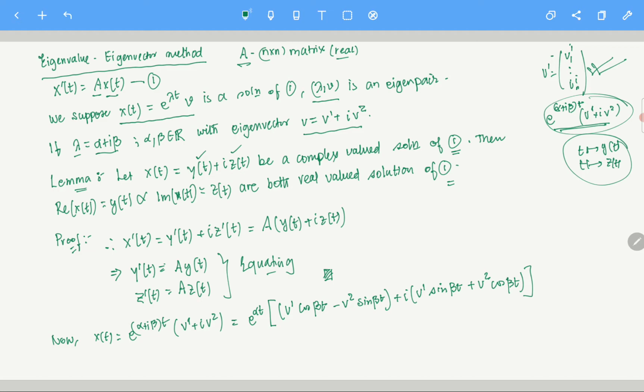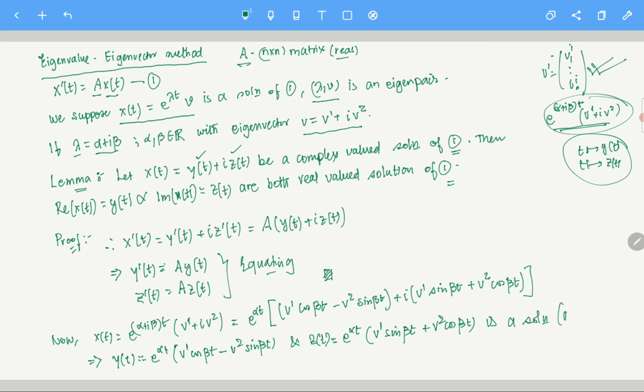Now by the above lemma, what does that mean? It means we know the solutions. If you define y of t to be e power alpha t times v1 cosine beta t minus v2 sine beta t, this is a solution. And also z of t, given by e power alpha t times v1 sine beta t plus v2 cosine beta t, is a solution.